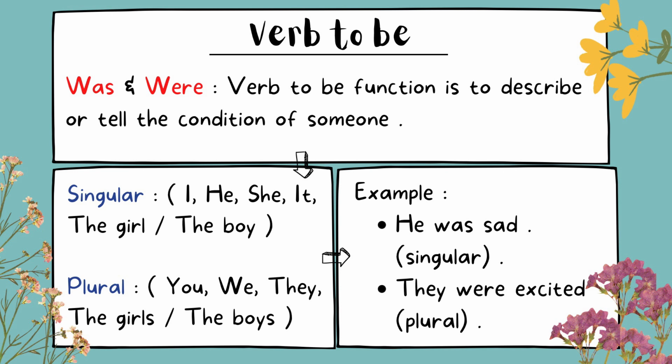For singular, we use was, like I, he, she, it, the girl or the boy. For example, he was sad. I was excited. Now, for plural, we use were, like you, we, they, the girls or the boys.